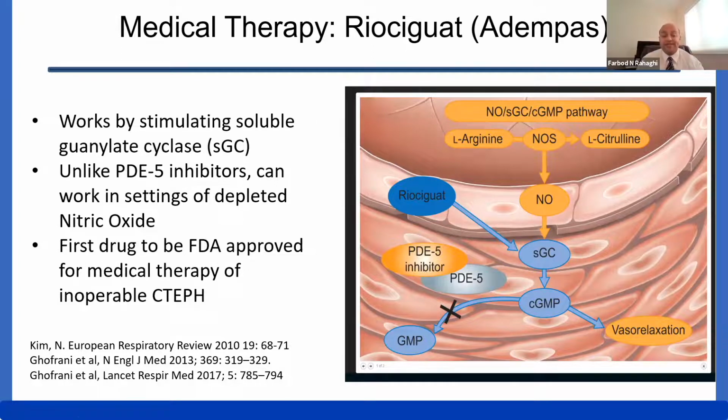It can work in a setting of depleted nitric oxide, so there are some theoretical benefits as to why it may work better in this context. It was approved for this purpose and is used in patients either who cannot get surgery or balloon angioplasty, or in patients that, despite those treatments, have ongoing symptoms and evidence of persistent elevated pressures.